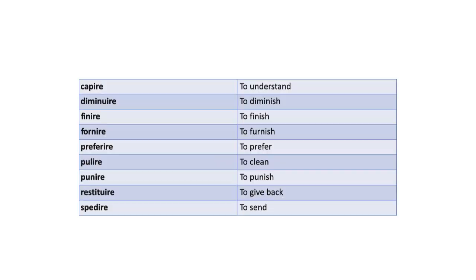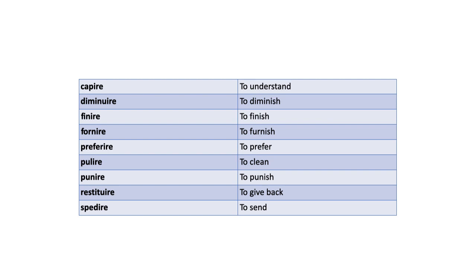Let me give you, for your reference, a list of isk verbs. It's very small. It's the smallest of all regular verb groups in Italian, but it still has some very, very important verbs. Capire, to understand. Diminuire, to diminish or to become smaller. Finire, to finish.